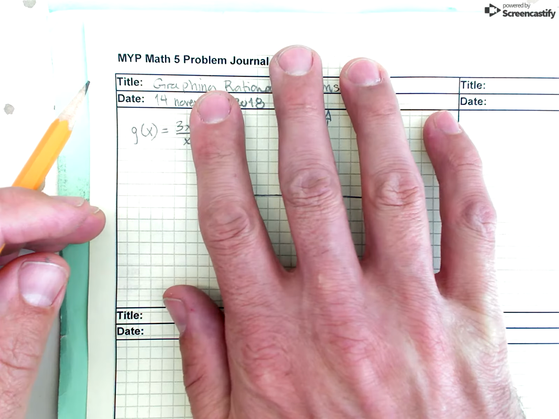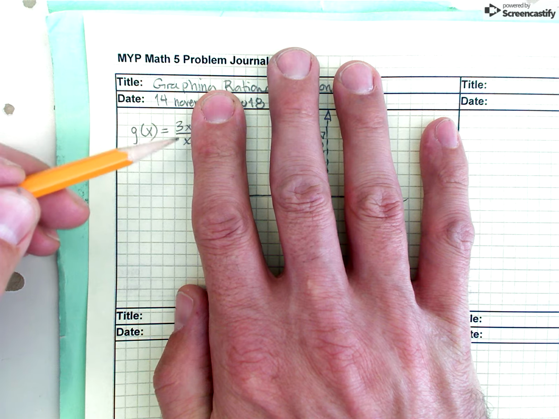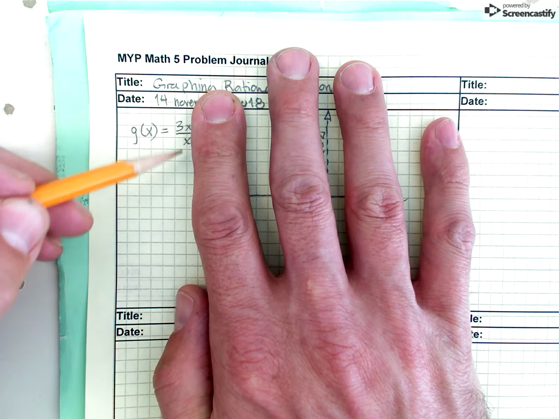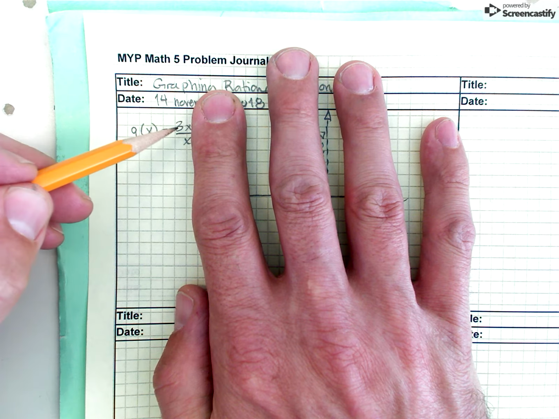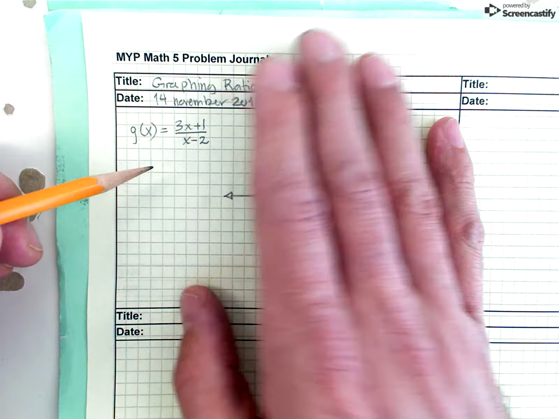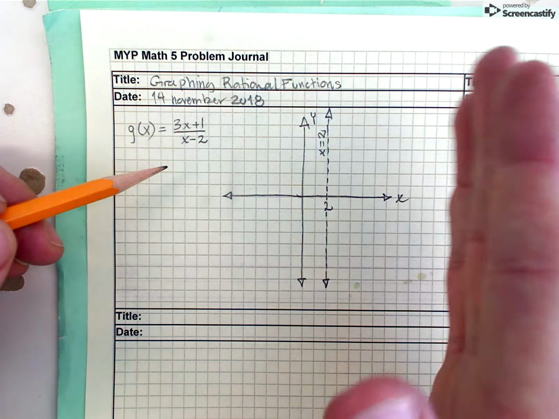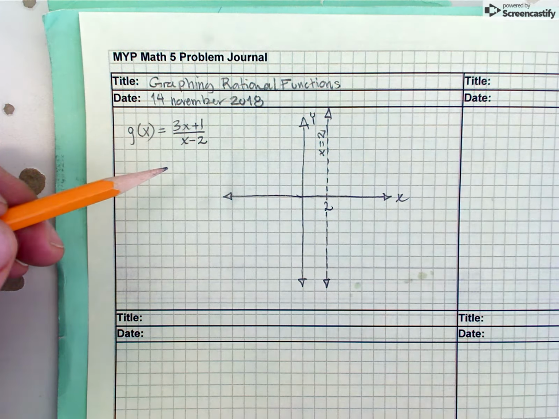So I can ignore all these constant terms and really just think about the end behavior in terms of these two terms on the top and the bottom. 3 billion divided by 1 billion is really just 3. So this graph approaches 3 as x gets bigger and bigger.